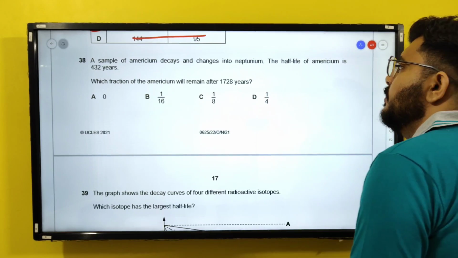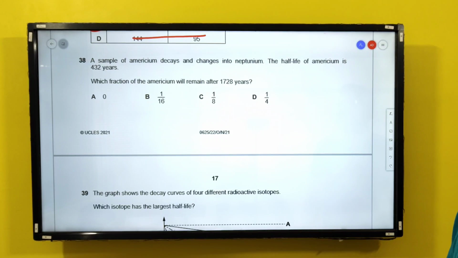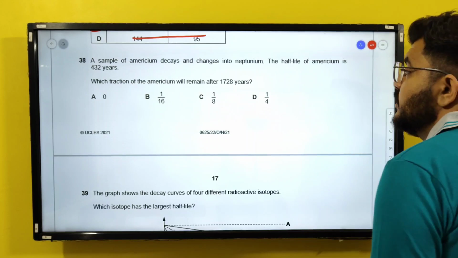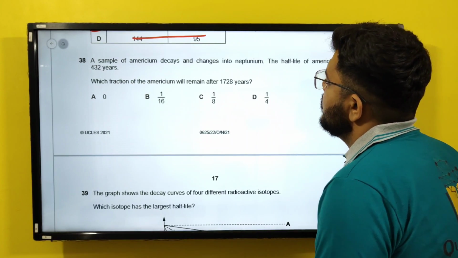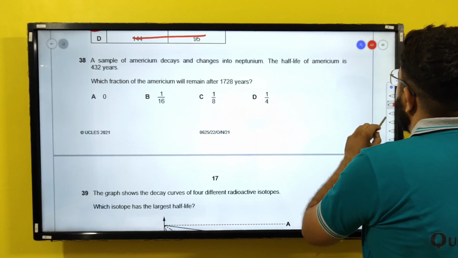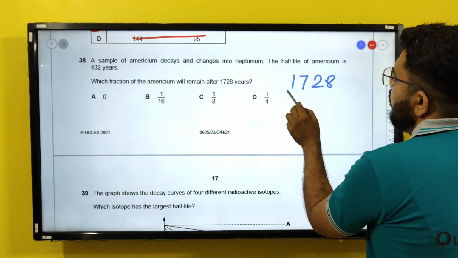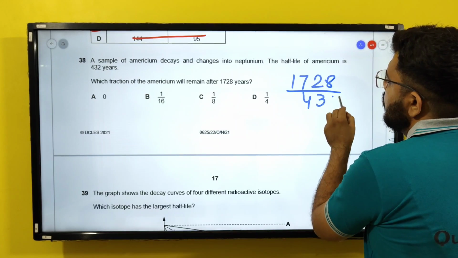Question number 38. A sample of americium decays and changes into neptunium. The half-life of americium is 432 years. Which fraction of americium will remain after 1728 years? So let's first find out how many half-lives americium will go through. So you have 1728 divided by 432.